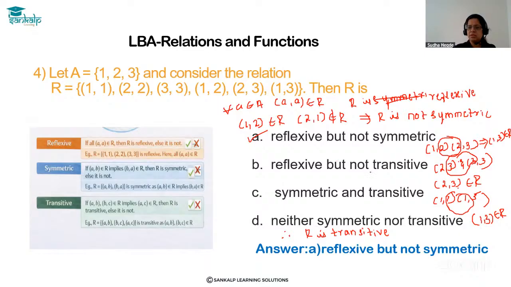But it's transitive, so you can discard this. Symmetric, transitive, but it is not symmetric, and it is transitive, you can discard. Therefore, option A, reflexive but not symmetric, is the correct option.